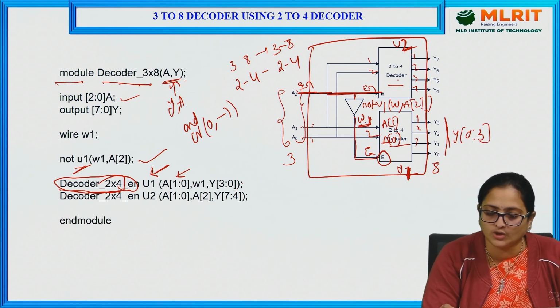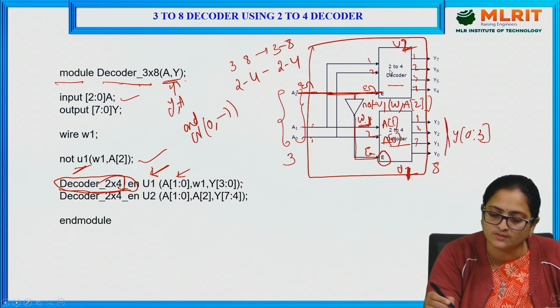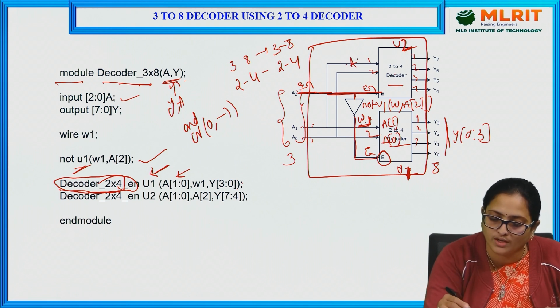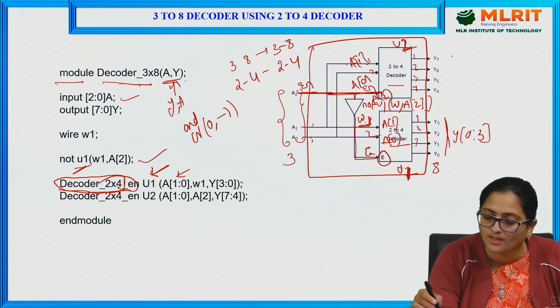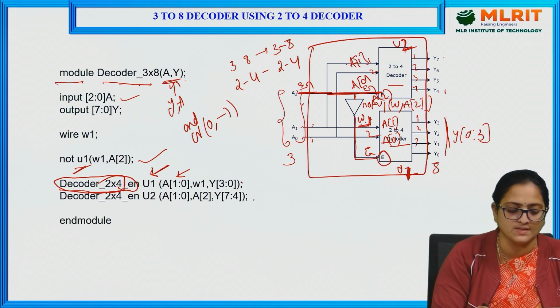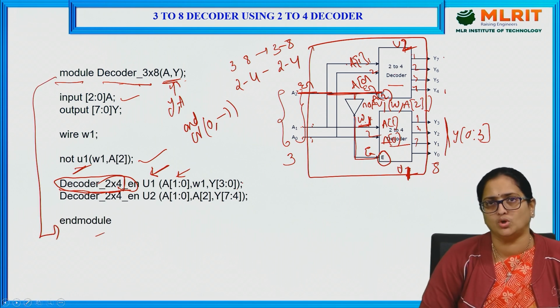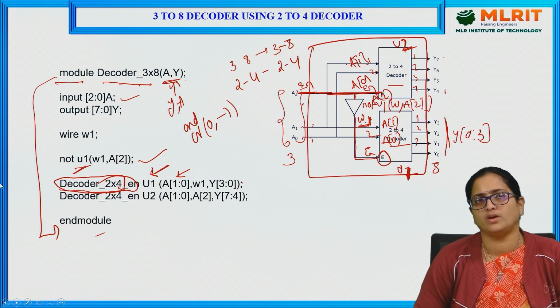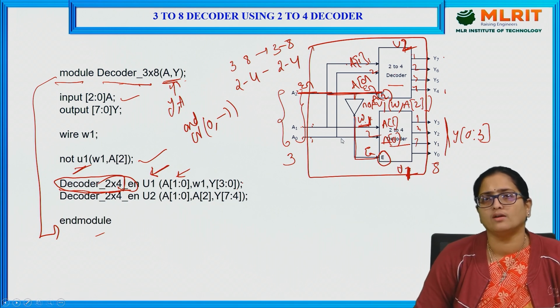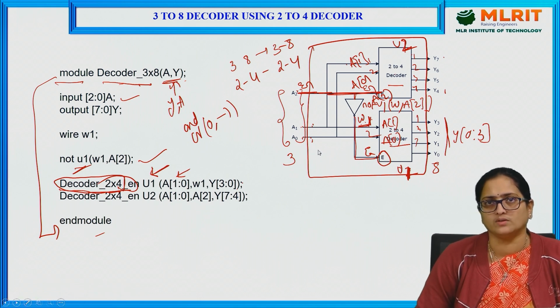Similarly, the second decoder is given the name U2, and the inputs given are A[1], A[0], and the enable pin which is A[2], and the outputs are Y4 to Y7. And this module has been ended with the keyword endmodule. So in this way, you can write a Verilog code for the 3 to 8 decoder using 2 to 4 decoders.